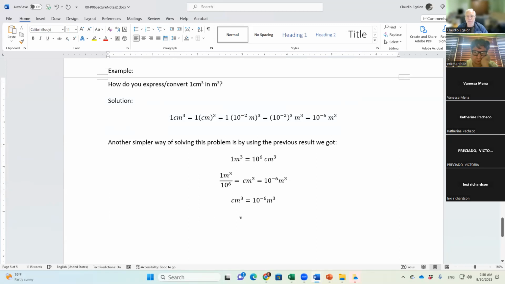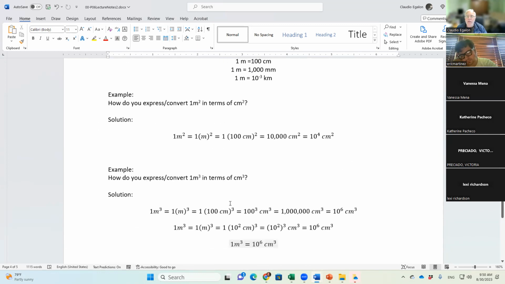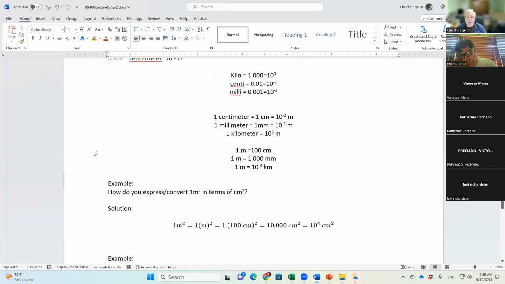So that's how you do conversion from one unit to another one. We start with the simple unit, with the definition of the simple unit, like those ones that you see here. And then you apply those definitions in terms of the compounded unit that we have. Let me write it down here, 1 kilometer.